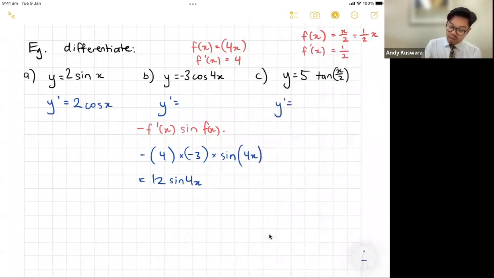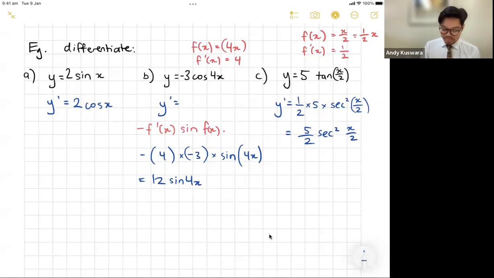First things first, our f' comes out the front, which is going to be half. We still have that 5 because it's a constant, that doesn't change. Then tan will turn into sec squared, and we keep our function the same within the brackets. Cleaning it up, this will leave us with 5 on 2, sec squared, x on 2. Okay, so that's it.